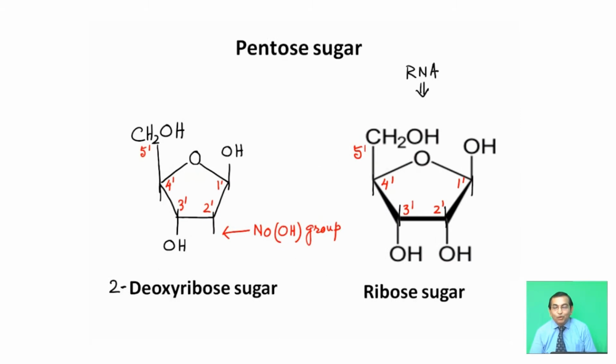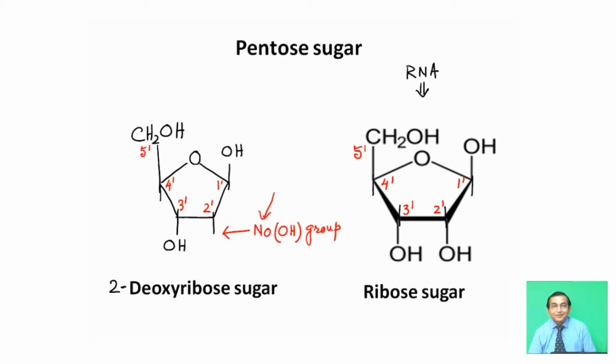Moreover, there is also a difference between DNA and RNA in sugar. In case of DNA, it is 2-deoxyribose sugar, that is there is no hydroxyl group in the 2' position.